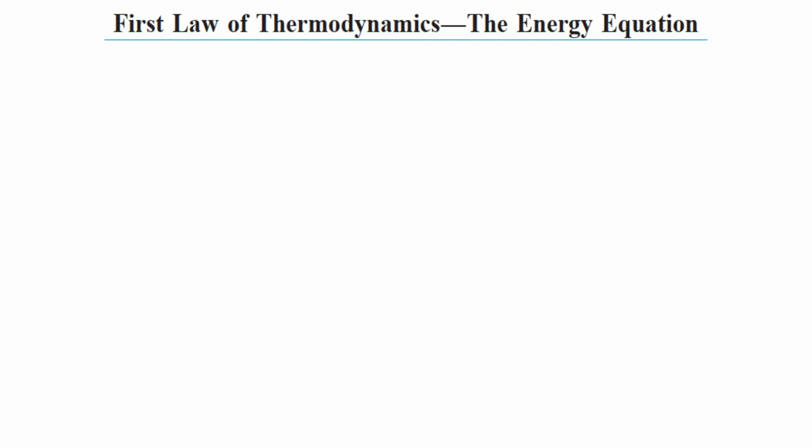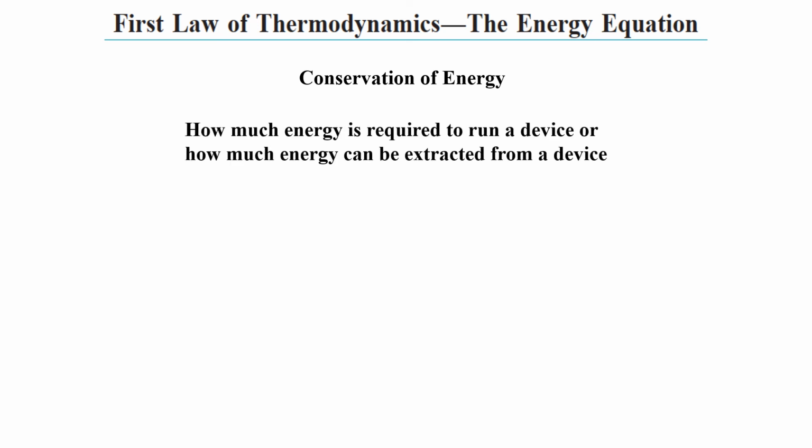We used the first law of thermodynamics, and we took the extensive property of our system as energy. The first law of thermodynamics deals with the conservation of energy principle, and this gives us how much energy is required to run a device and how much energy can be extracted from a device.